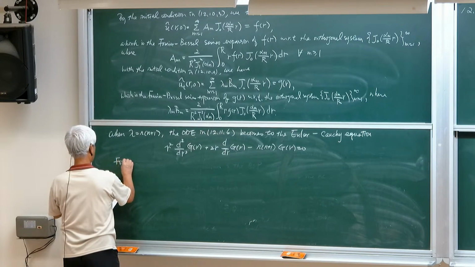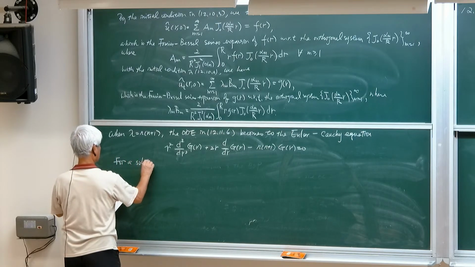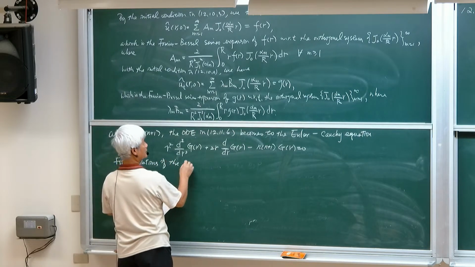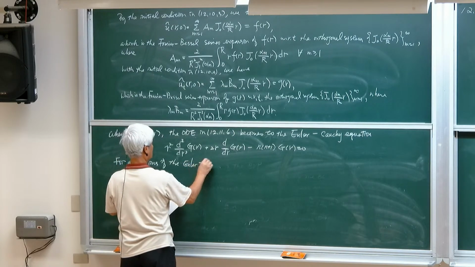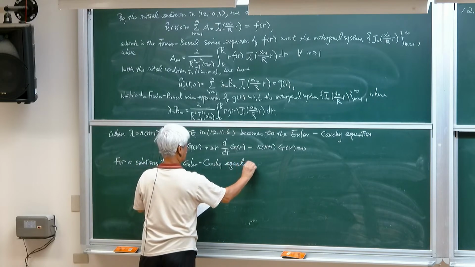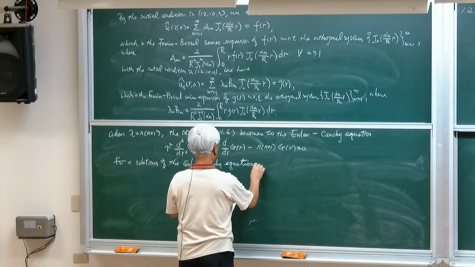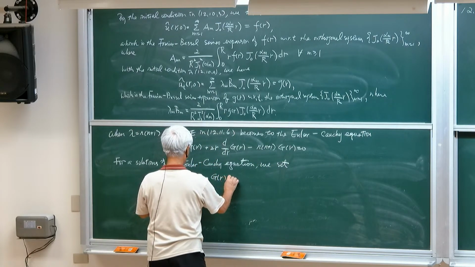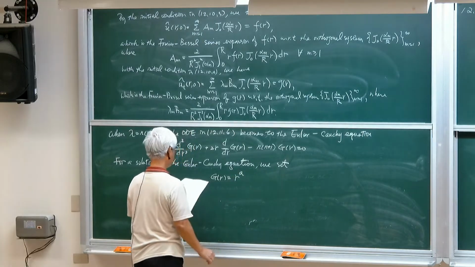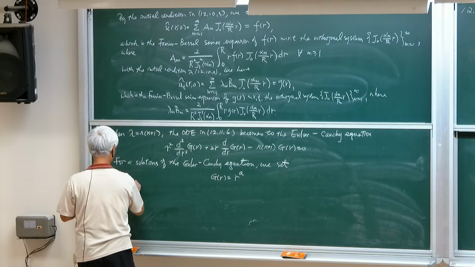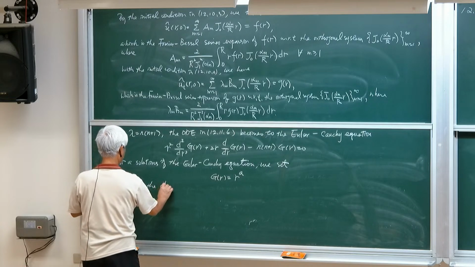Right, and for a solution of the Euler-Cauchy equation, we set G of r to be r to the power a, to obtain the characteristic equation.